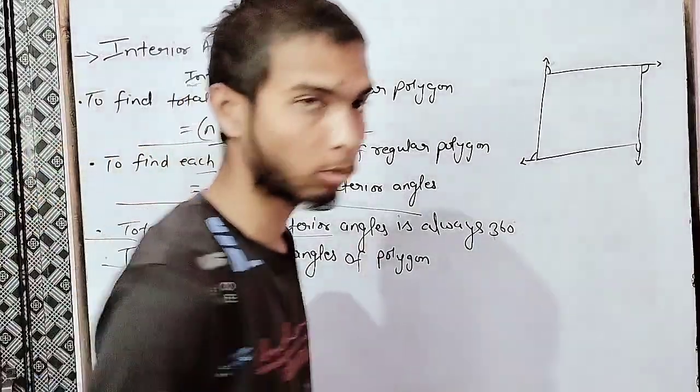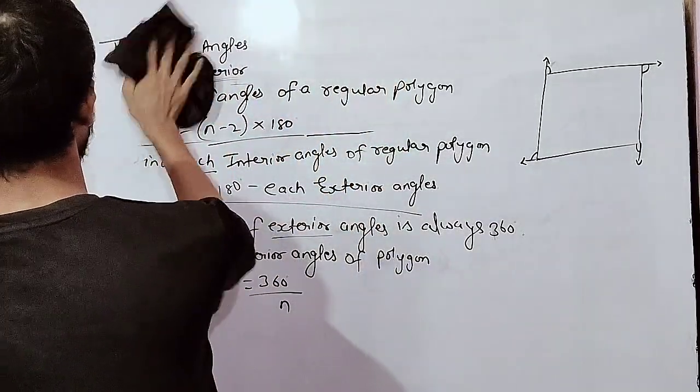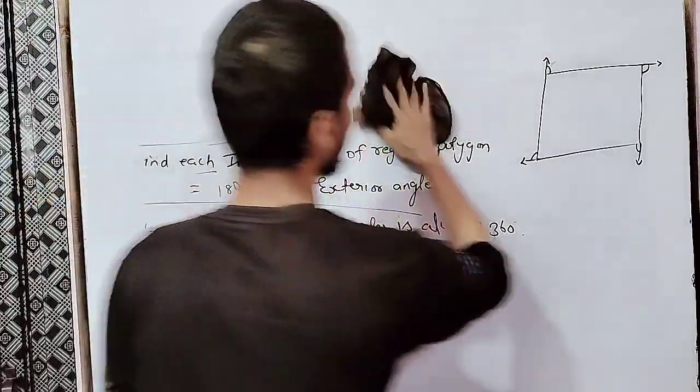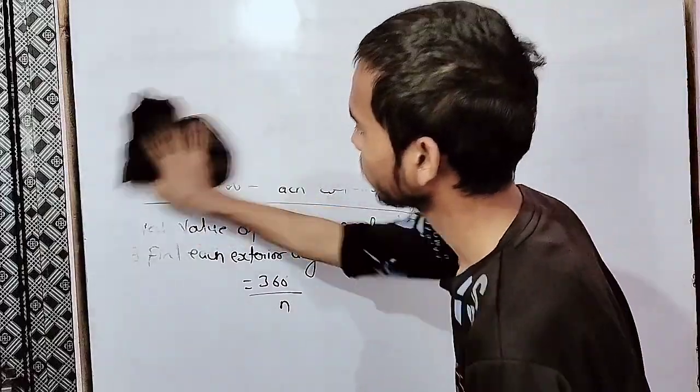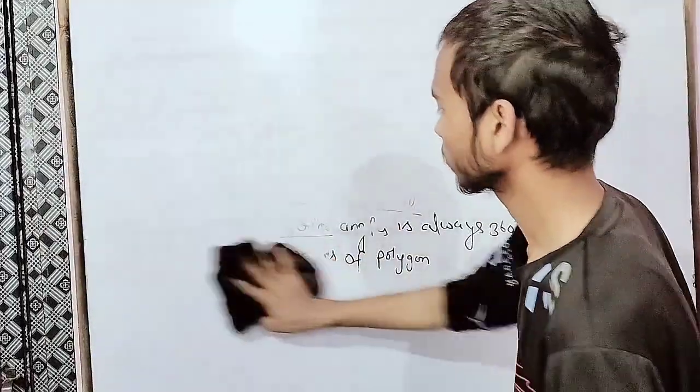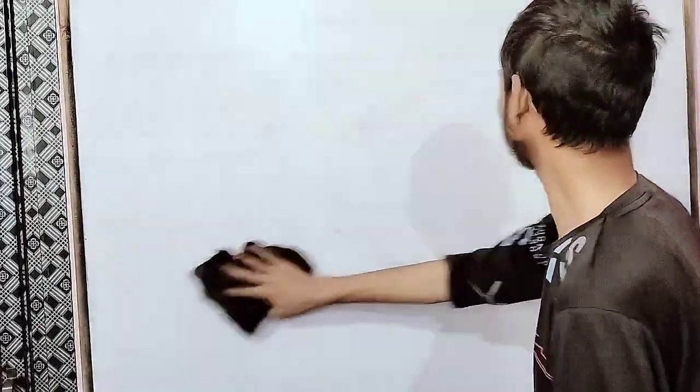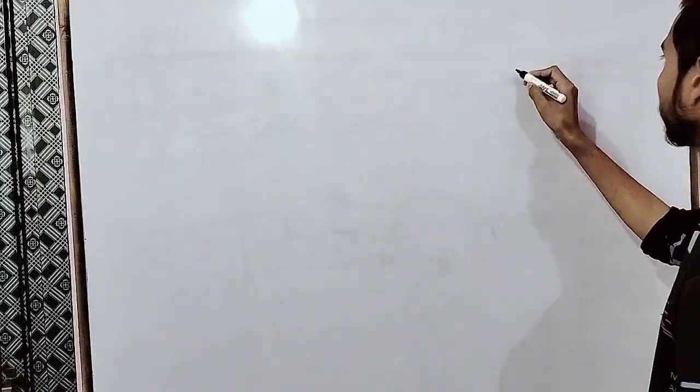Now, I am going to take a question. We have a pattern like this. One, two, three, four, five.